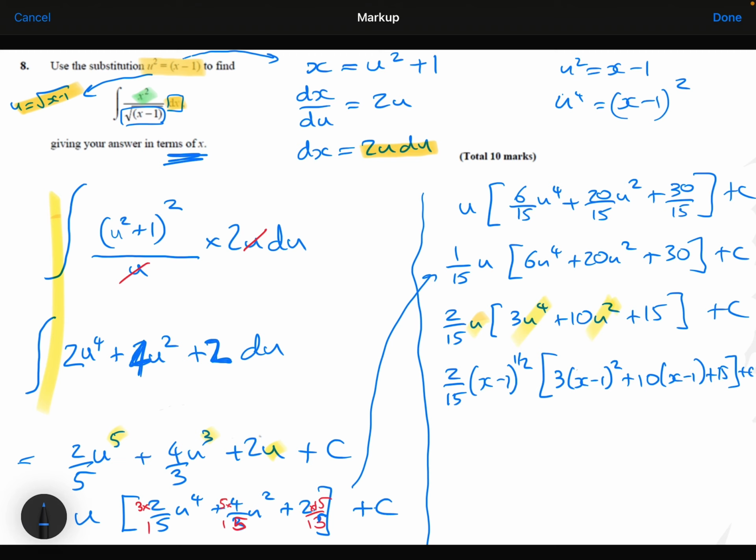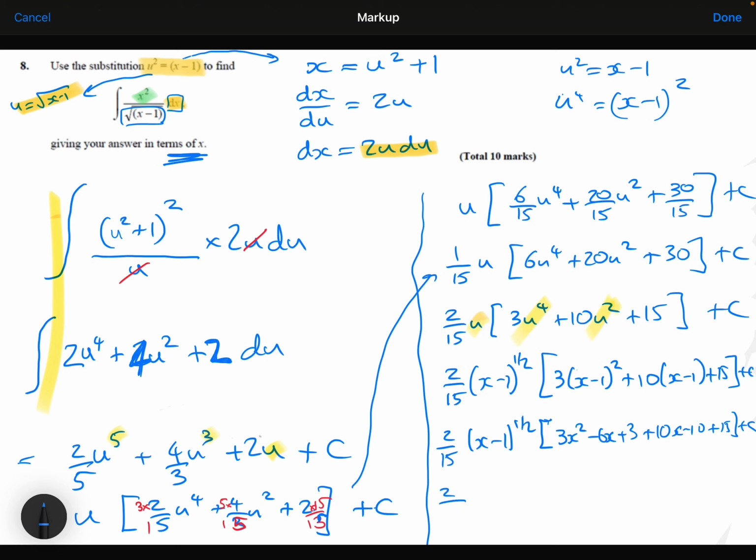And I'm just going to simplify that a little bit. It doesn't actually say how I need to leave my answer, but it's good practice to simplify this as much as possible. So let's expand those brackets. We'll get 3x squared minus 6x plus 3 plus 10x minus 10 plus 15.